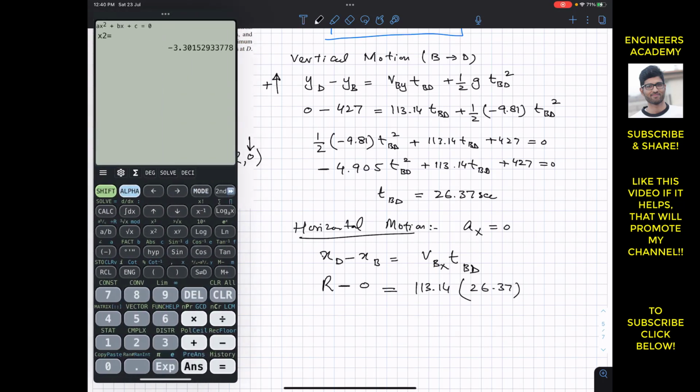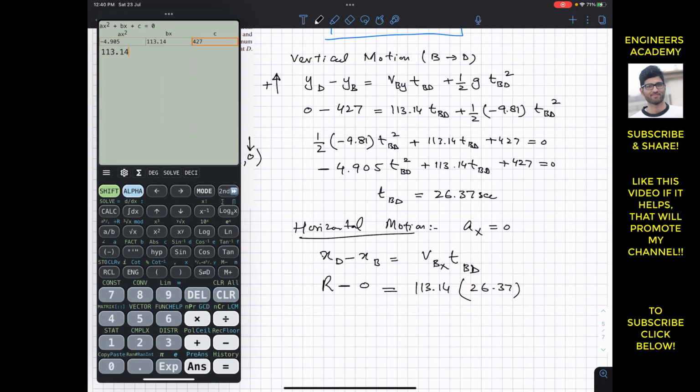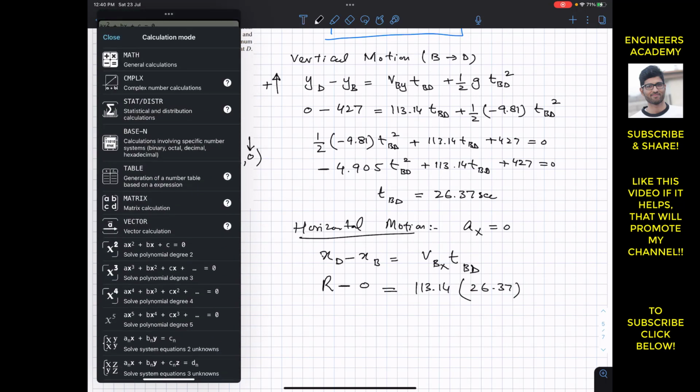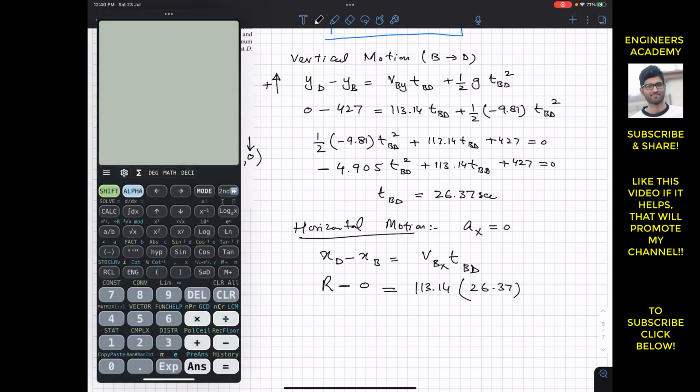So now this is 113.14 multiplied by 26.37. Let's convert the mode of this calculator to simple mathematics. This gives us 2983.